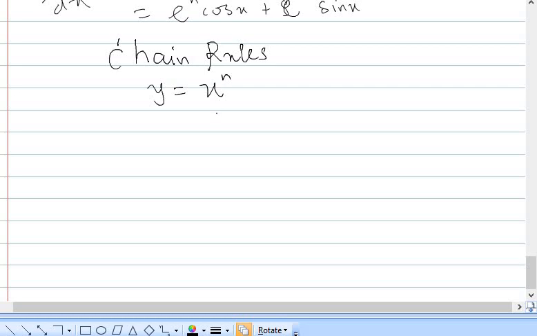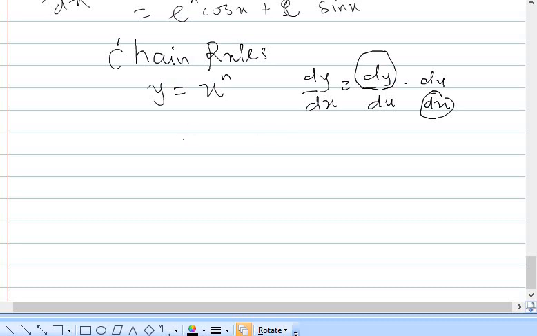Then the formula is given as dy by dx is equal to dy by du times du by dx. So it's basically like du can cancel du to make dy by dx. So it's just the formula for the chain rule.